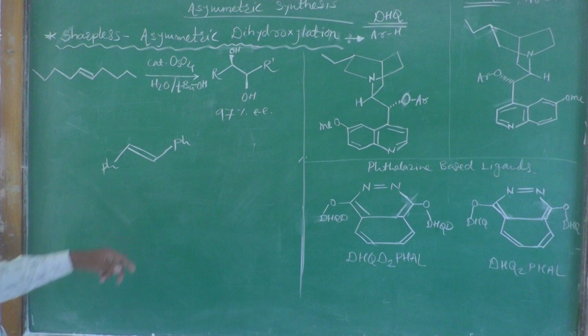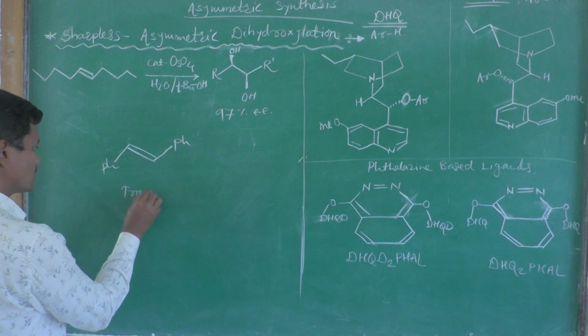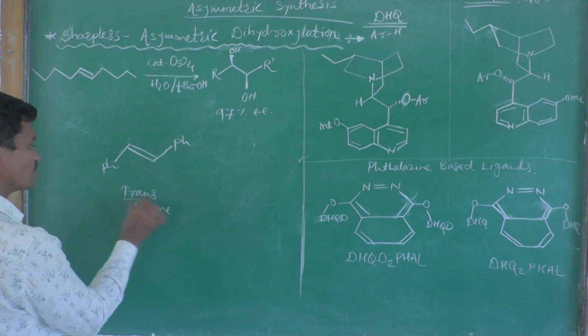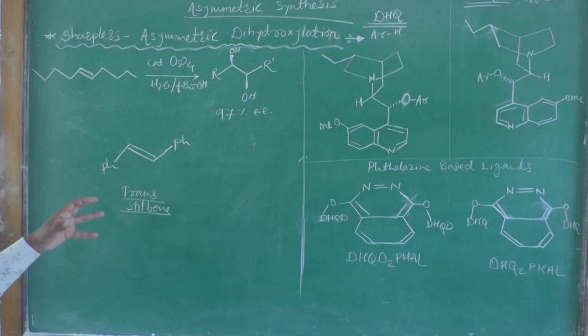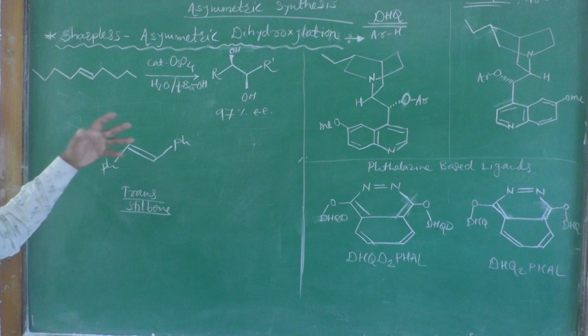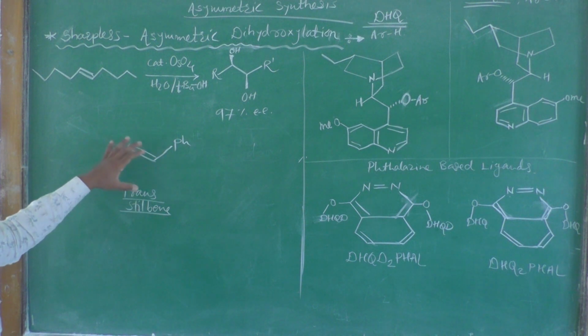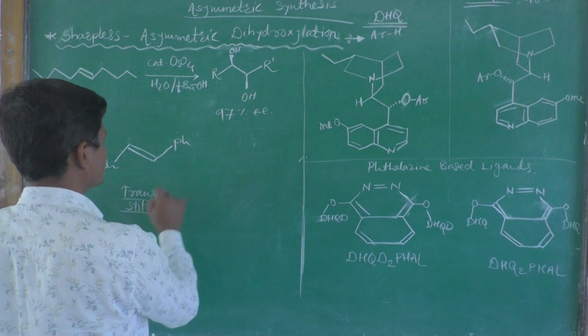So this is trans-stilbene. This is a very specific example which explains the enantiomeric selectivity of this reaction.